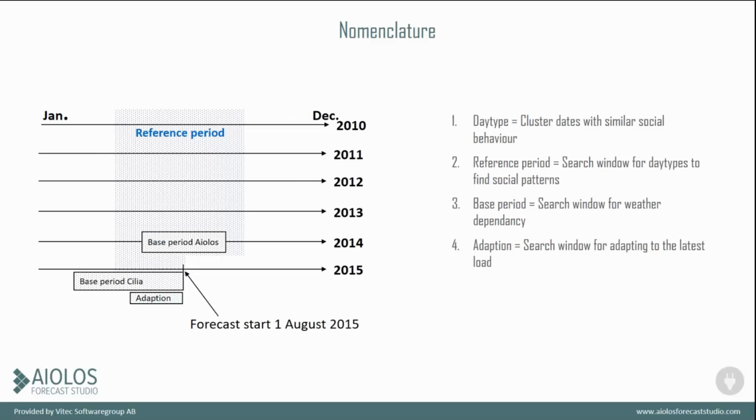And then we have our reference period, which is the search window when you're looking at the different day types to find the different social patterns. Then our base period is when we are looking at the weather dependency, and adaptation is nearest to our forecast start, when you are looking at whether we want to adjust to the latest load input.